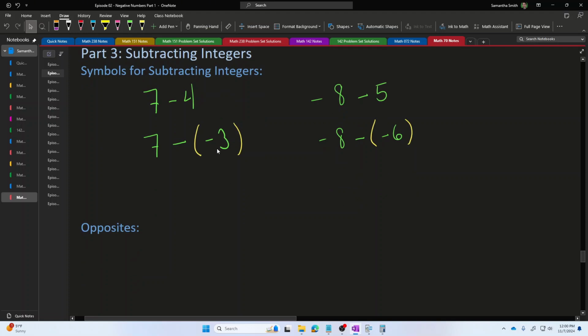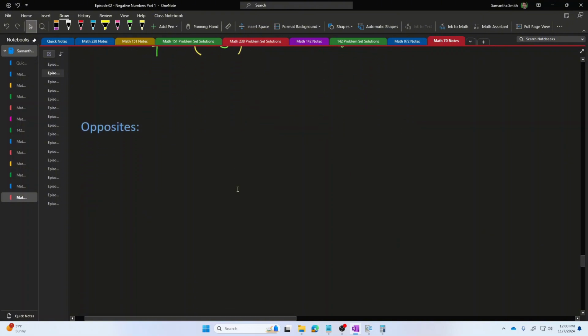Now, to talk about how we subtract integers, I want to talk about something called opposites. Opposite takes a negative number and turns it into a positive number, and vice versa. The opposite of negative 5, for example, is the positive version of that same number, positive 5.